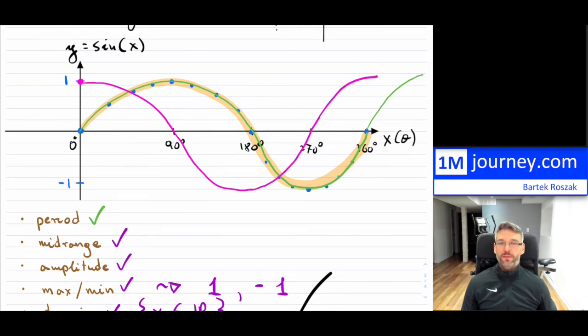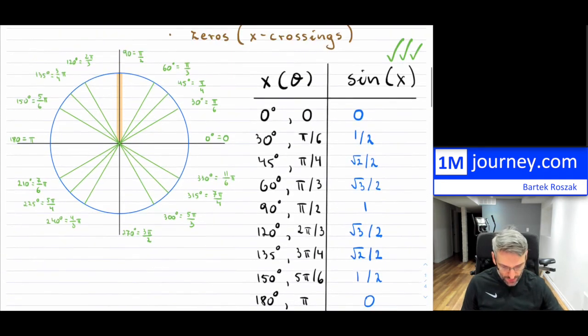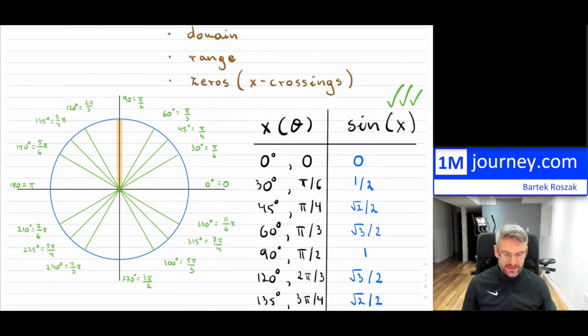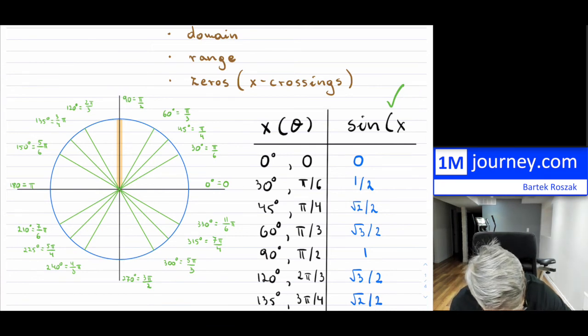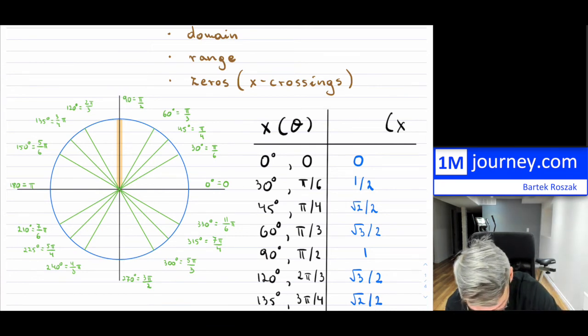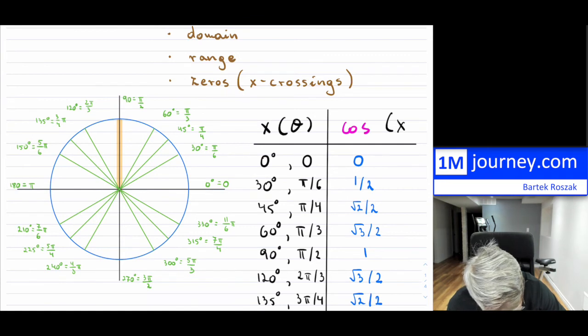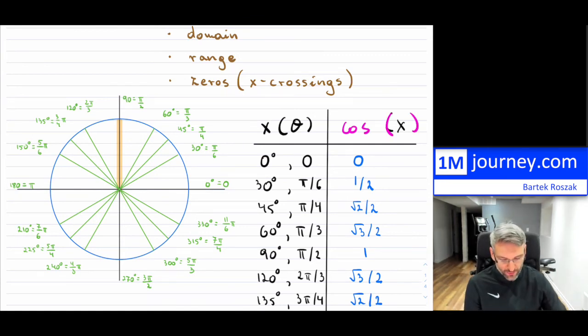You can plug them into a table of values and write them out. If I change this up, and instead of having sine I put cosine of this, I'll write them in pink right beside it.